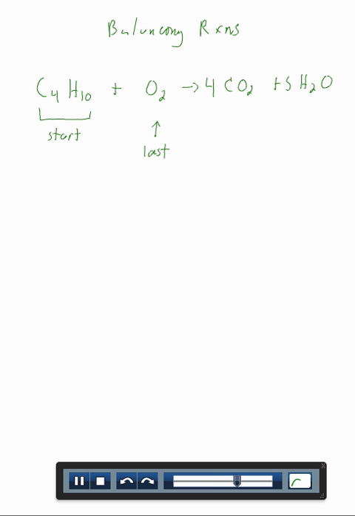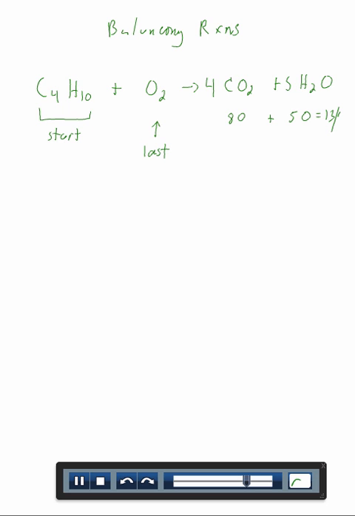So let's see how many we have. We have 8 oxygens from carbon dioxide plus 5 oxygens from water. So that's a total of 13 oxygen atoms.